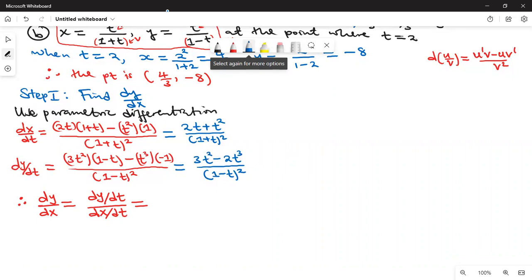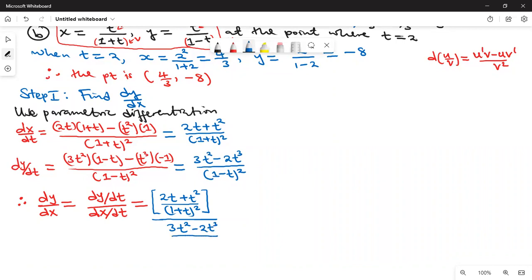So our numerator is 3t squared minus 2t cubed over 1 minus t squared, and we are dividing by 2t plus t squared over 1 plus t, squared.